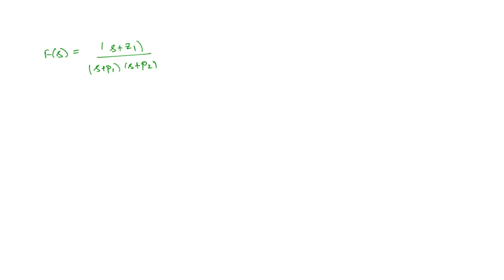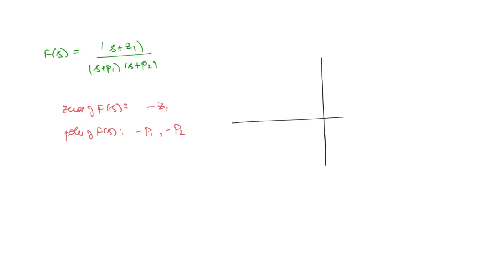So here we can write the zeros of f of s are minus z1 and the poles of f of s are minus p1 and minus p2. Now if you take the s plane and represent the poles and zeros, this is the s plane, here you have the sigma axis, this is the j omega axis. The zero of f of s will be purely real, so you can mark it somewhere here.